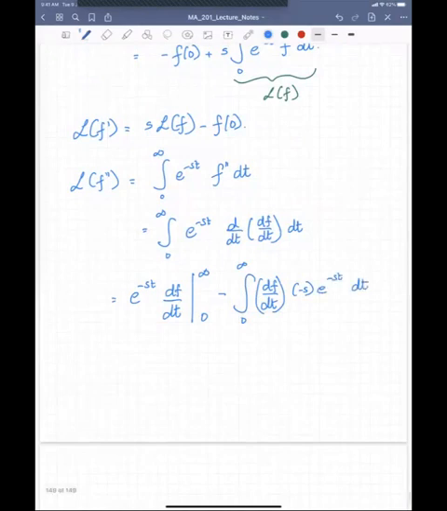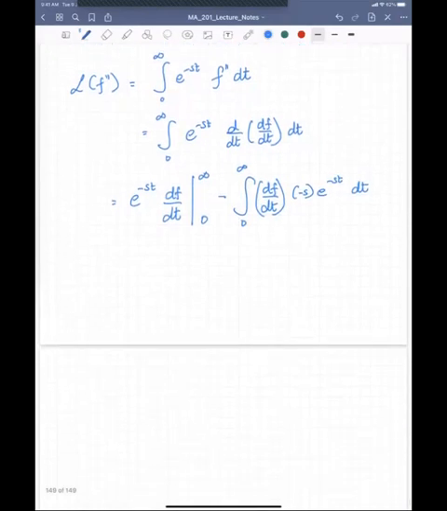If I evaluate the limit again, I find this is equal to minus f prime at 0. At infinity, this vanishes. At 0, it takes the value of the derivative of the function at time t equal to 0, plus s. And what's inside the integral, you recognize as the Laplace transform of the first derivative of the function, which we have already evaluated. So let's plug it in.